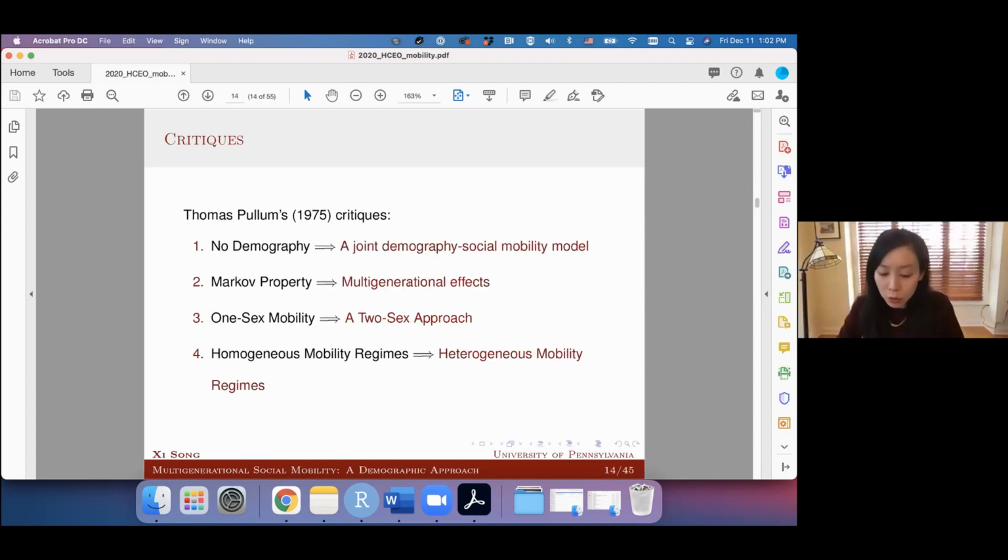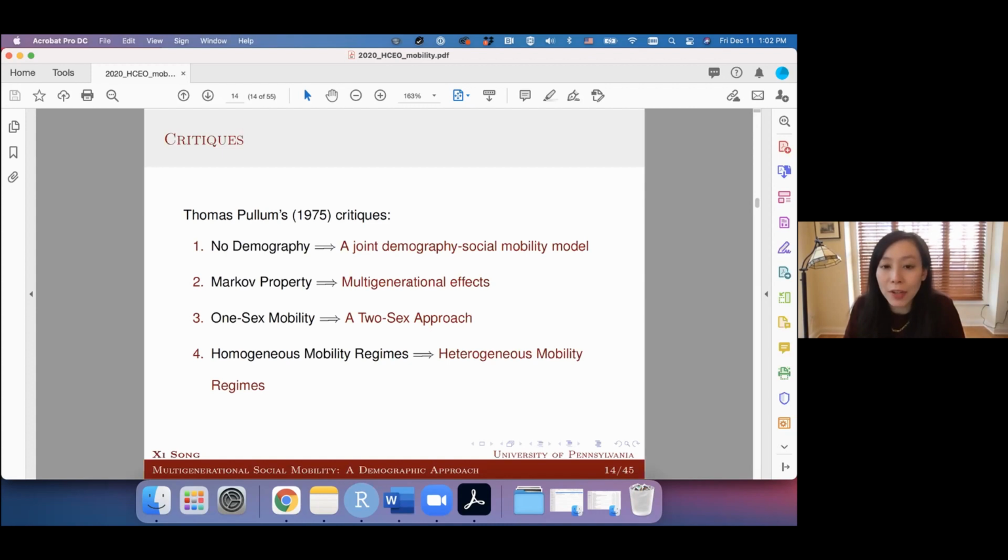Okay, so what I'm going to do today is to propose some of the models that can help us address all these critiques. For the sake of time, I won't be able to elaborate on all different aspects of these models. I will try to focus on the basic ones. But overall, I propose this model called the joint demography social mobility model that will allow us to combine demographic processes and social mobility processes to jointly predict our population renewal or to understand this multi-generational process of family reproduction.